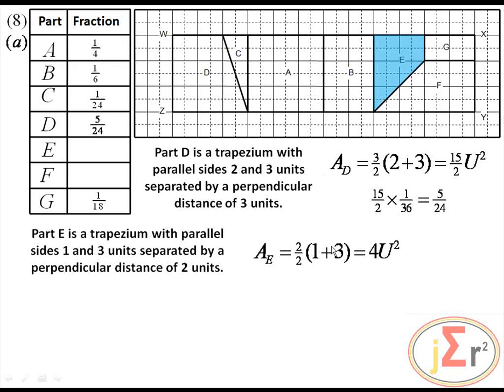So we have the perpendicular distance between the two parallel sides over 2, that is 2 over 2, multiplied by 1 plus 3. So we have 4 here and 2 over 2. So the 2 will cancel with 2 and only 4 is left. So we have 4 units squared. And divide that by 36, we get 1 over 9.